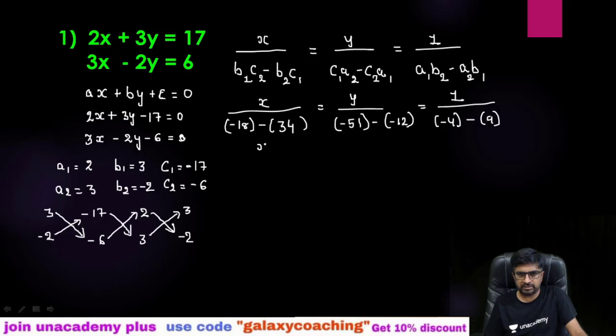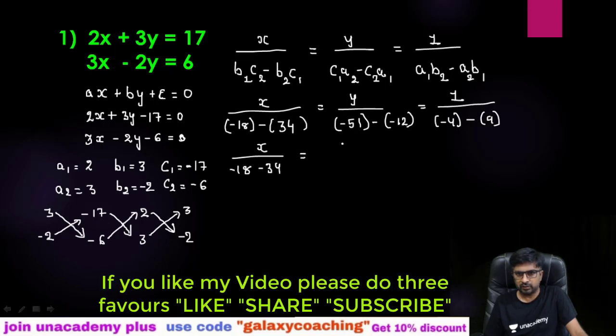Now x upon, first open the bracket: minus 18 minus 34, y upon minus 51, and this minus minus will become plus 12, and then 1 upon minus 4 minus 9.